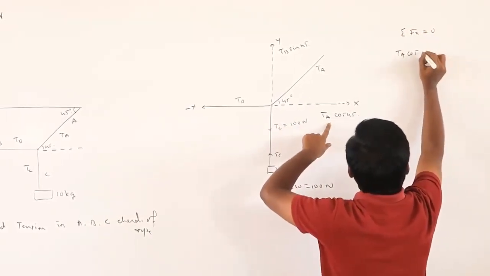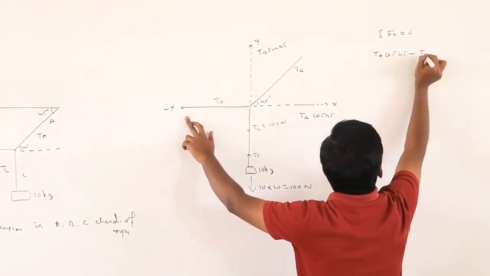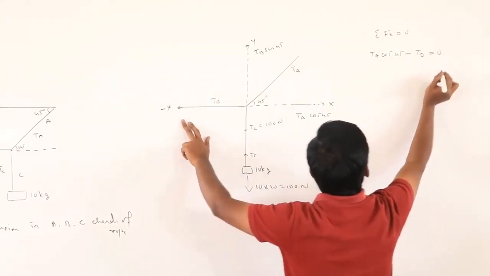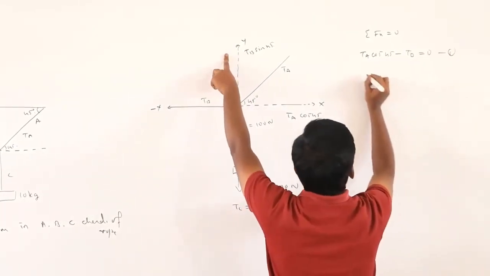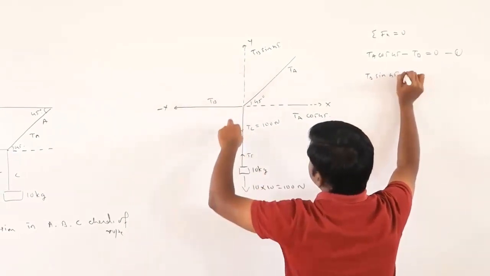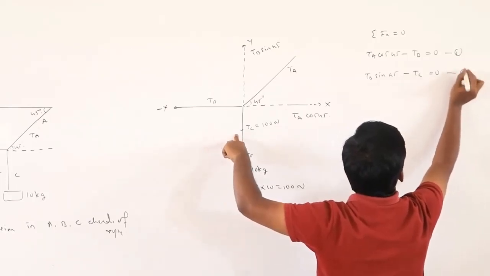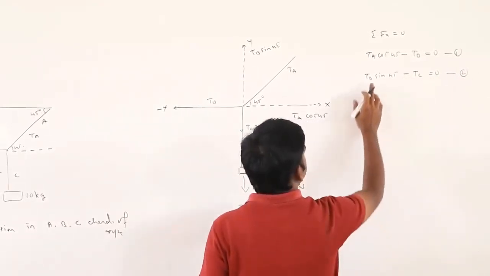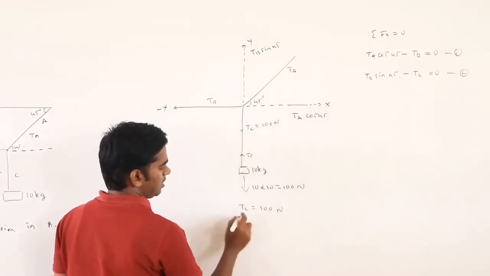So TA cos 45 on this side, minus TB equals 0. So you got one equation. Similarly, TB sin 45 minus TC equals 0. You got the second equation. We can get TB from this equation because you already know TC equals 100.